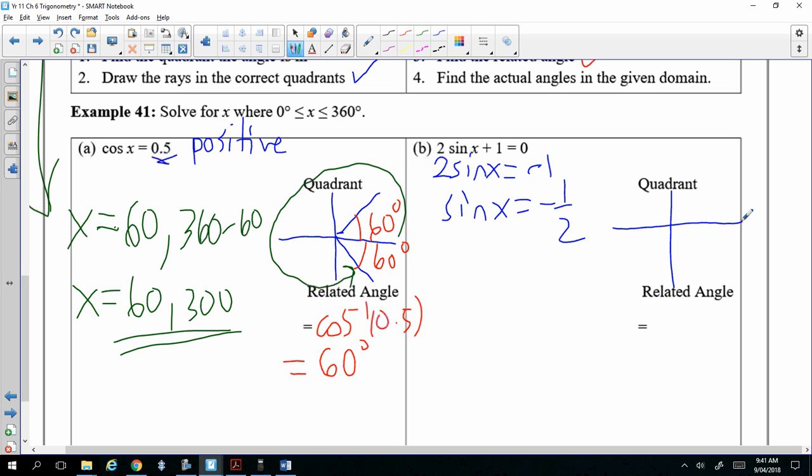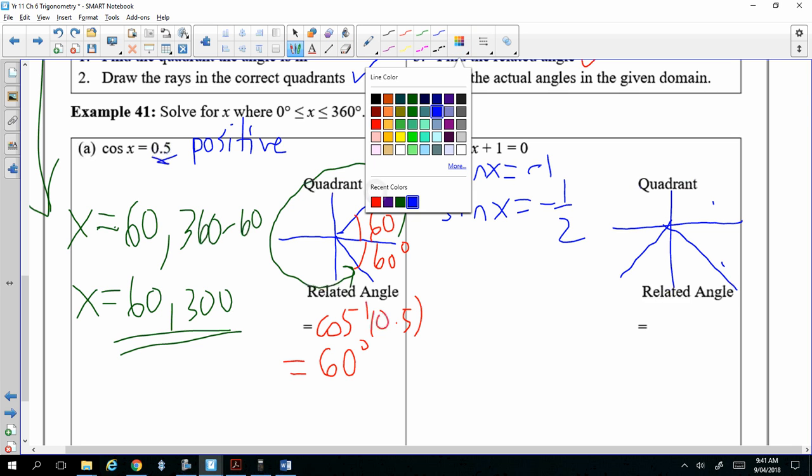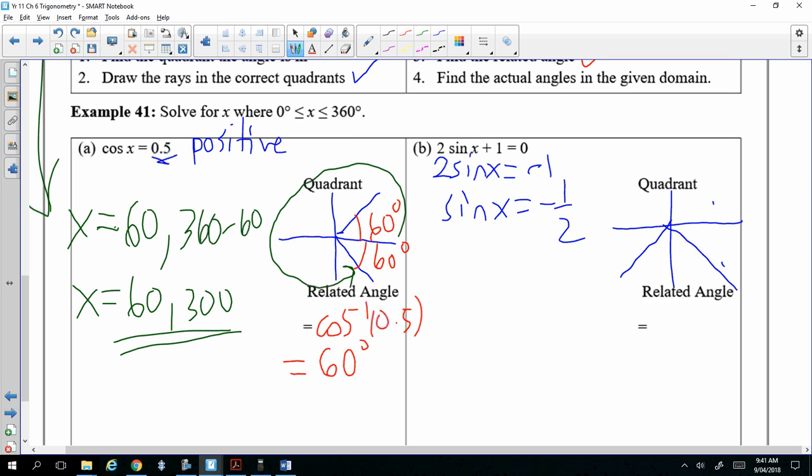All right, let's rub off this because it's distracting. Okay, next step. What's the related angle? You do sine inverse. Now, with the related angle, be very careful. Even though it's negative, you never put negative when you find the related angle. You just put positive half.